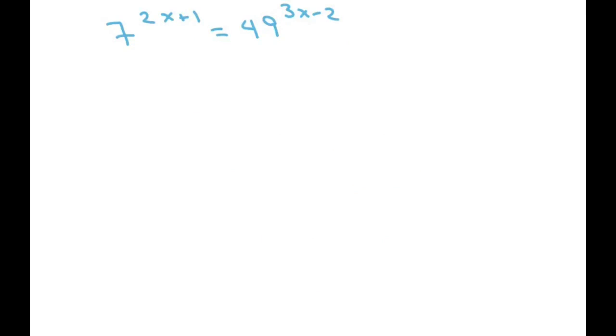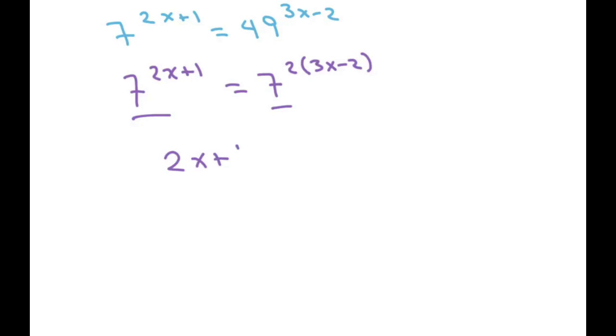Next set, I want the same bases. So I have 7 to the 2x plus 1 power. And I'm going to write 49 as 7 squared, which is 3x minus 2. Now my bases are the same, so I'm going to set 2x plus 1 and go ahead and distribute here. And you get 6x minus 4.